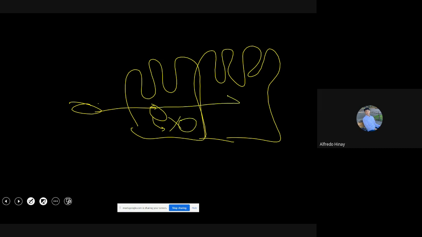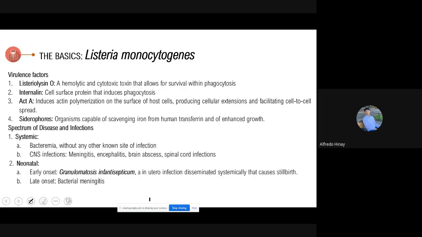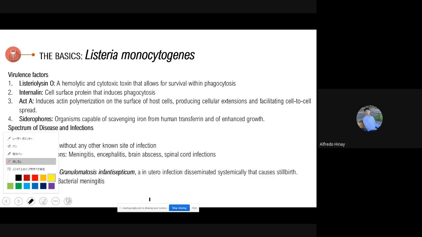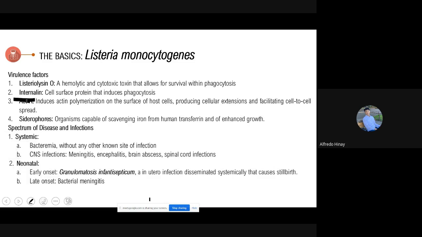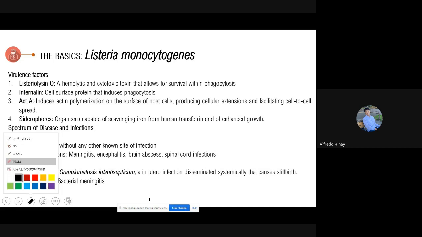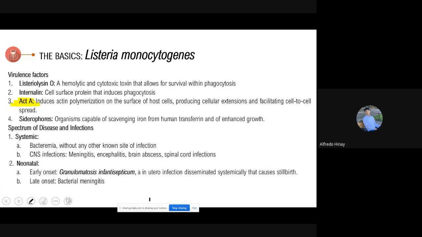Then it wants to go to another cell, class, so it uses ActA. Okay, facilitating cell-to-cell spread. So ang galing ni Listeria monocytogenes, class. Can you imagine? Bacteria pa lang yun, class, pero ang dami nang alam. Pabida-bida talaga si Listeria monocytogenes, class. May mga matatalino talaga mga bacteria, class. And that includes your Listeria monocytogenes.